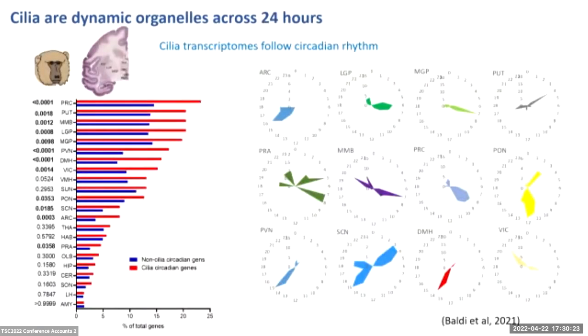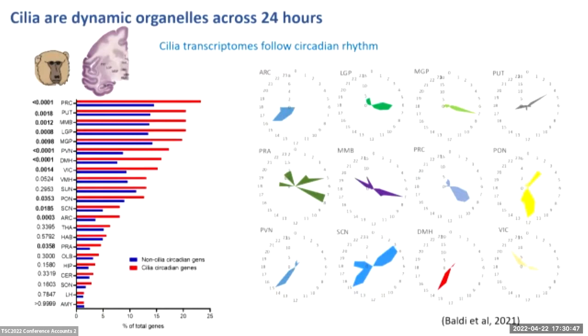Then we looked at it: we have cilia genes that are dynamic across the lifespan. What about during 24 hours? We were very, very surprised that in the majority of the brain regions, and in this study we used the database of baboon brain that was published in Science in 2018.